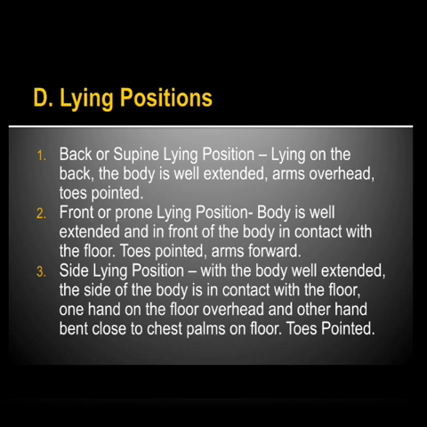Side lying position. With the body well extended, the side of the body is in contact with the floor. One hand is on the floor overhead and the other hand bent close to the chest. Palms on floor, toes pointed.